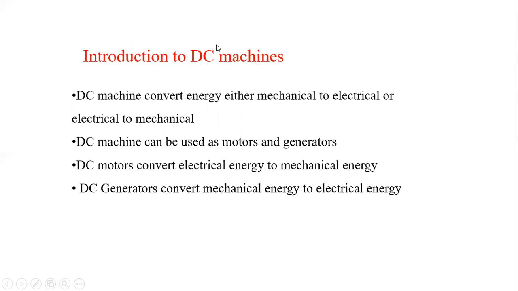First of all, what is meant by a DC machine? It is a machine that converts energy either from electrical to mechanical or from mechanical to electrical.